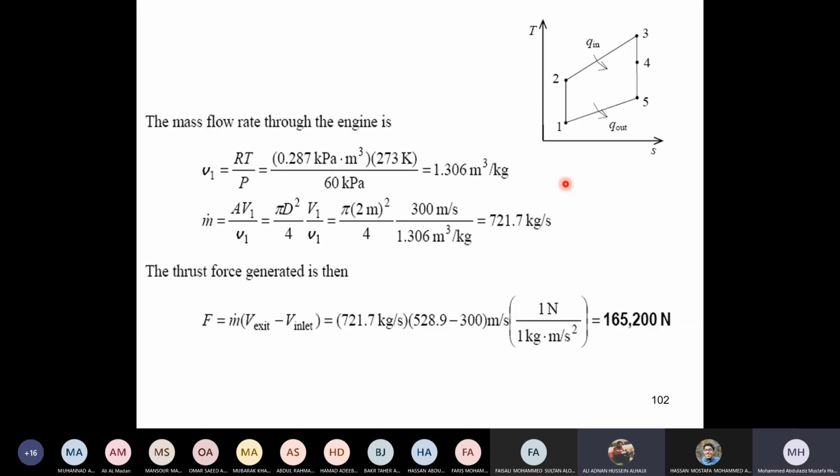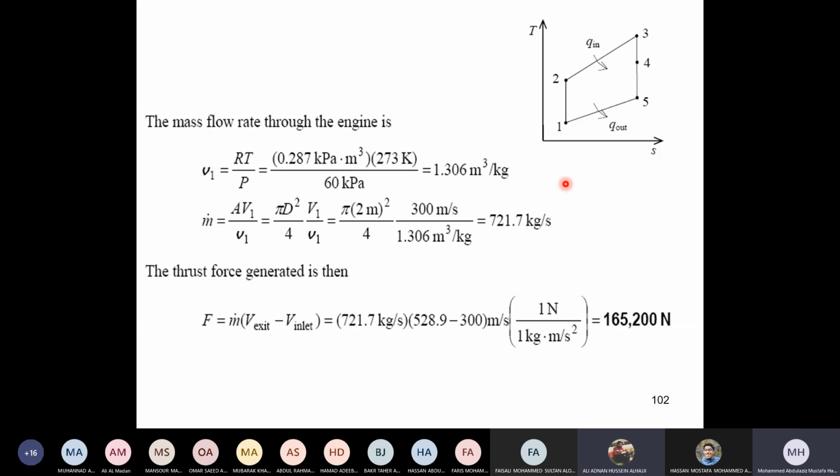But in the midterm, the aircraft is not included. It is included in the quiz. Clear, Shabab? Clear. Okay.